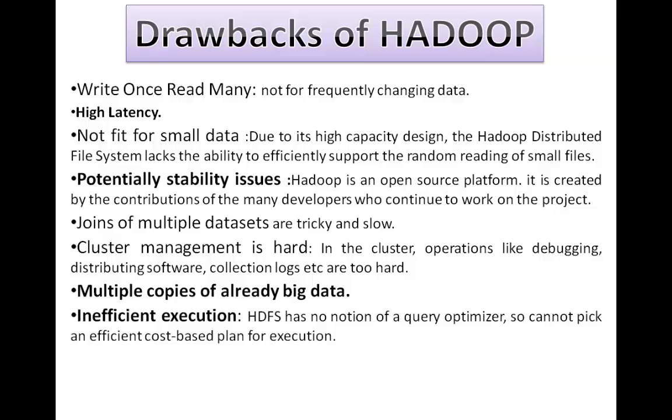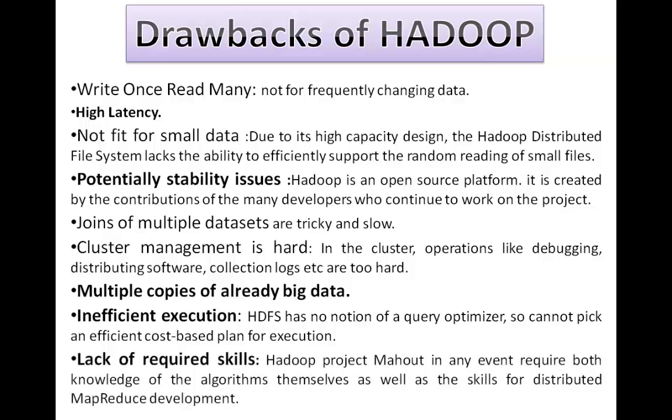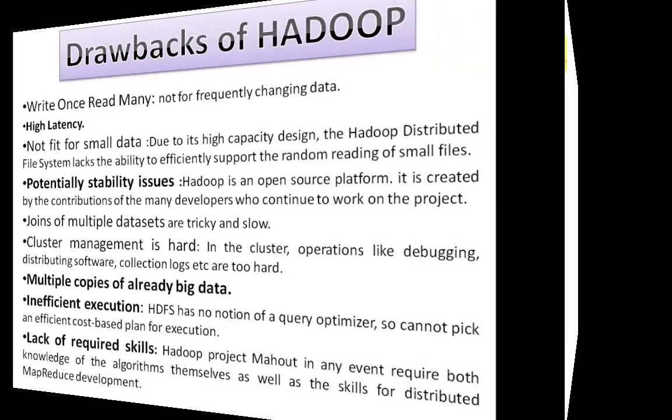Then there is inefficient execution, since it doesn't have any query optimization engine like an RDBMS. So queries can take much longer than they should. Then there is a lack of required skills. Of course, we need human resources to work on Hadoop. Very few people have knowledge of algorithms as well as distributed MapReduce development.